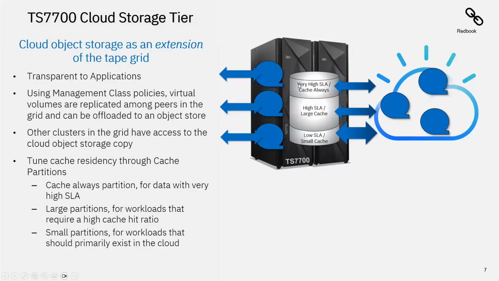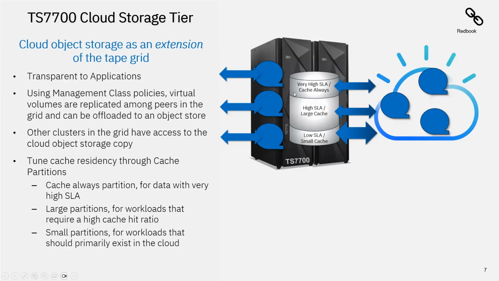So you have partitions within your 7700, and within those partitions, you can define a policy for how quickly the data moves out of cache for that specific partition. Other clusters within the grid will have access to any volumes that you've put into the cloud.